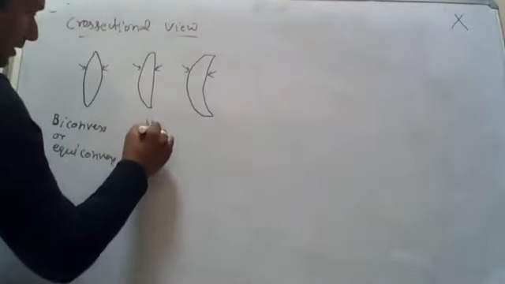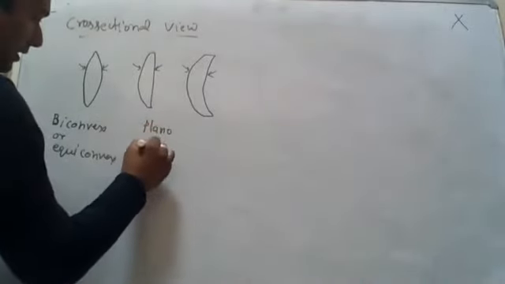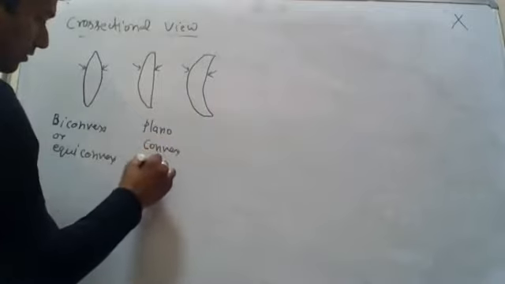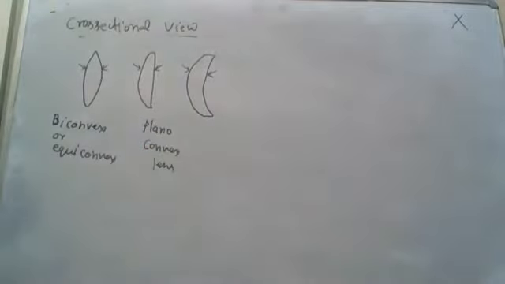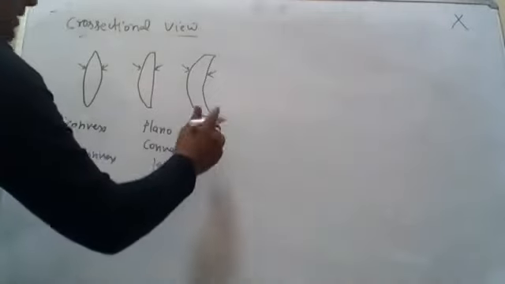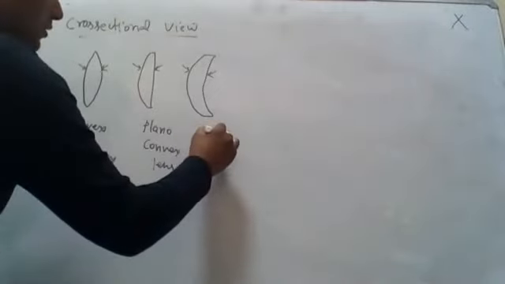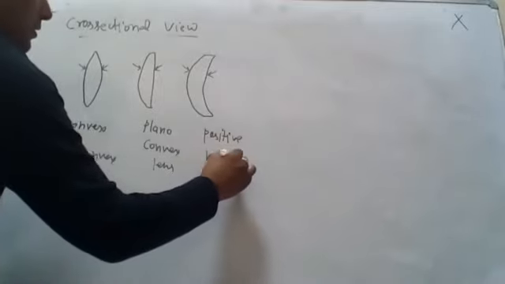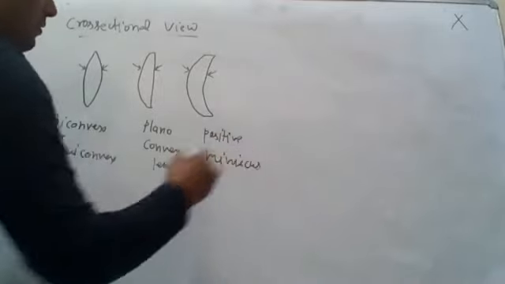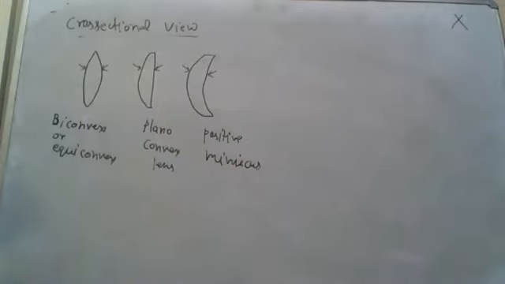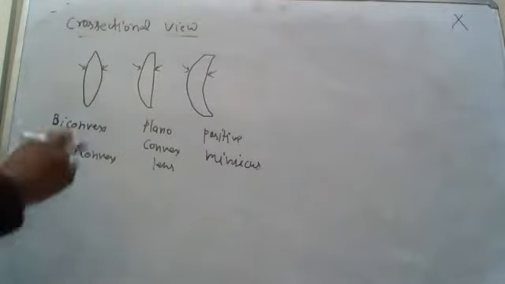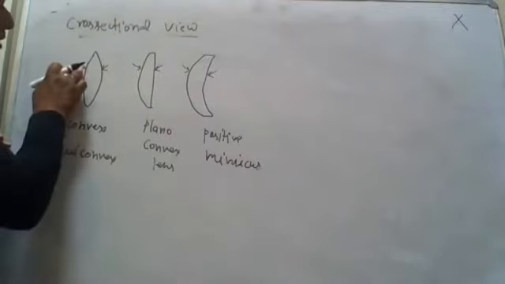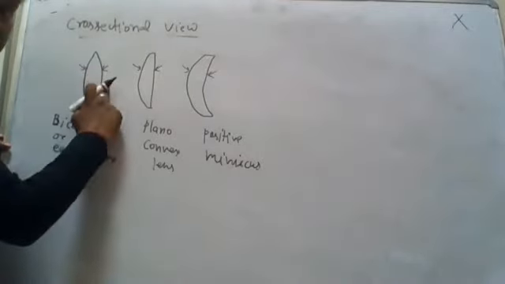This lens is the plano-convex lens. And this lens is known as the positive meniscus lens. Right? So suppose this surface is the first surface, this surface is the second surface.